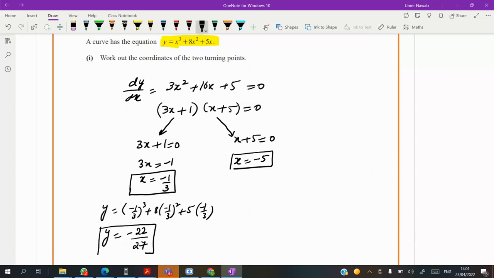That's the y value. Same thing for x is equal to minus 5.